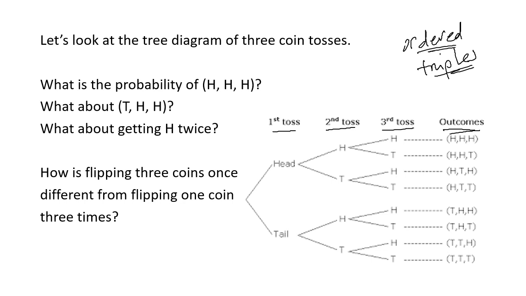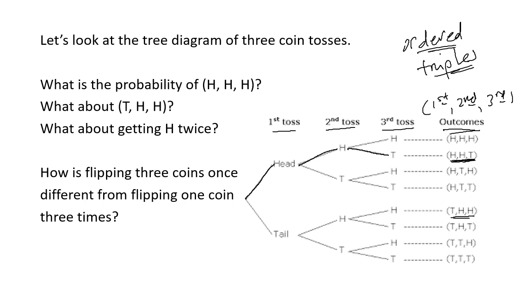So we've got the first coin toss result, the second coin toss result, and the third coin toss result. So if we look at this outcome, HHT, if we start here at the beginning of the tree diagram, we can see that that is specifically heads first, heads second, tails third. That gives us heads, heads, tails. Now that's different than tails, heads, heads.